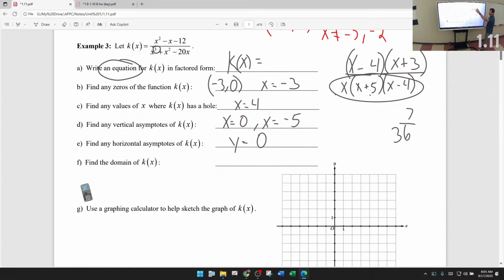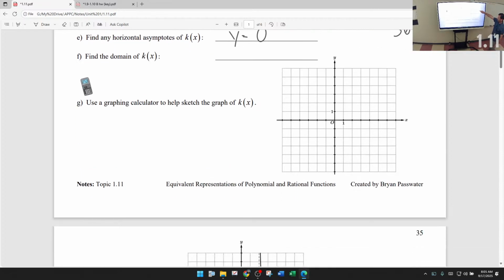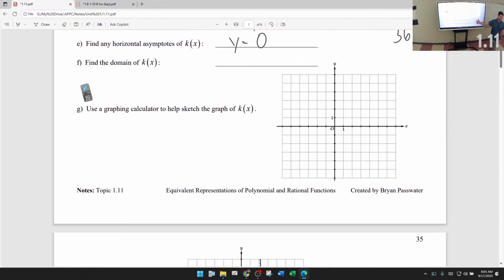If you want to do it in factored, you got to open parentheses, and then open parentheses, close, open, close, close. Divided by open, x times open, close, close. Right? Again, either way you want to do that, but it's probably easier just to go over there. Sketch it. But I can almost sketch it without the calculator.